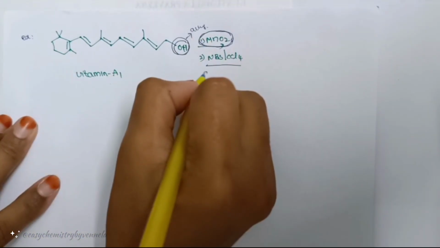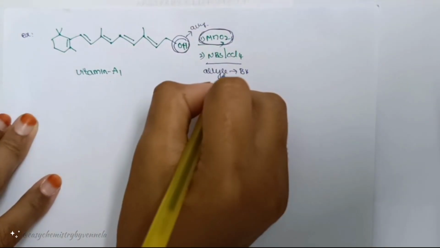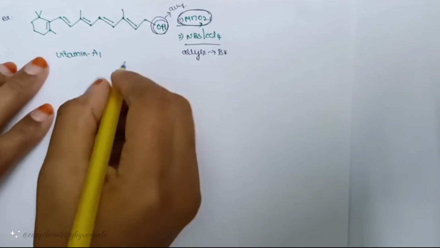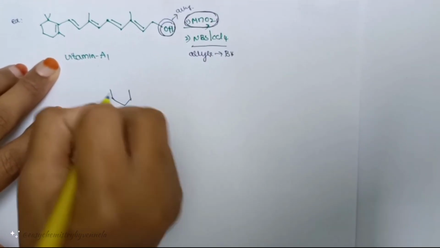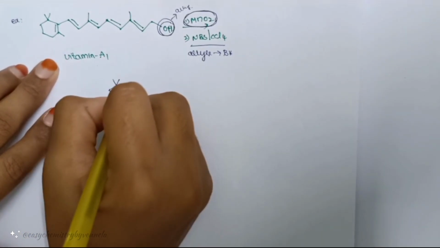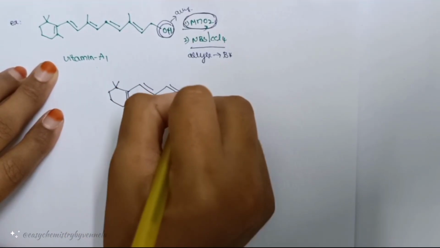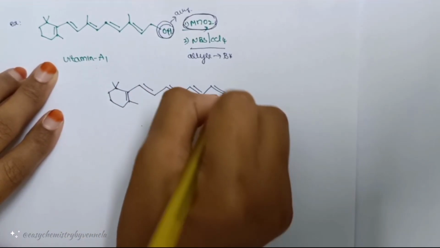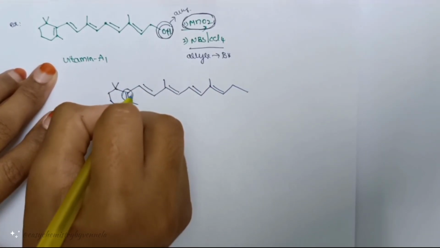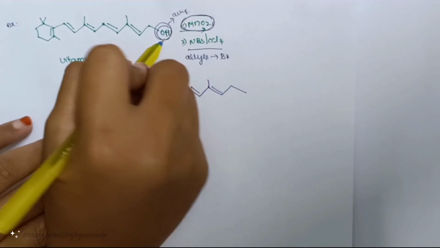On the allylic position it attacks bromine. So how is the product this? Bromine will attack only the most substituted part. So in this, which is the most substituted part? This one. So it attacks bromine.